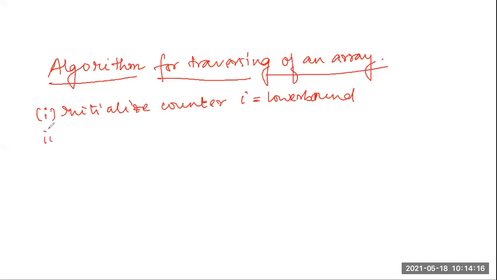So our for loop was running while I less than upper bound, right? For I equal to 0, I less than n, right? In between, suppose, okay, let me switch onto the program once, you will understand.